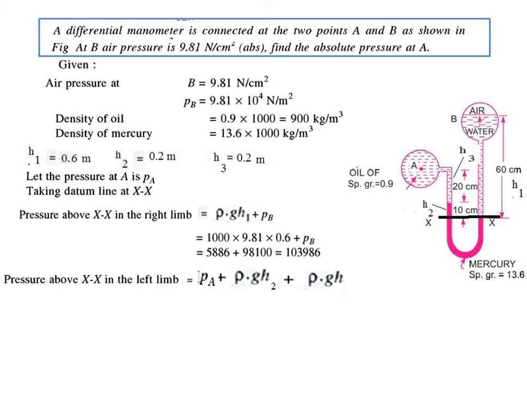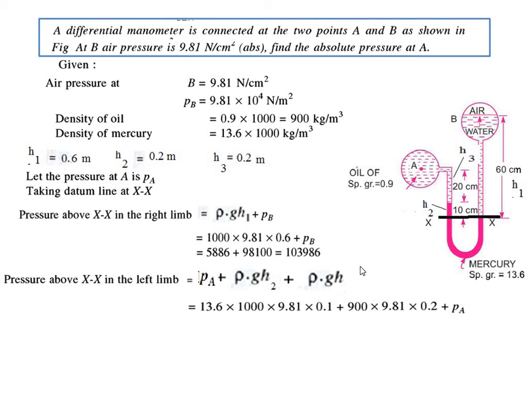Now above the line XX in the left limb, Pa plus rho A g H2. Here H2 is shown as mercury, so I can say that here by mistake I have put 10, it is equal to 20. So here it is mercury, the density of mercury into g into H2, plus the density of fluid inside this container into g into h.